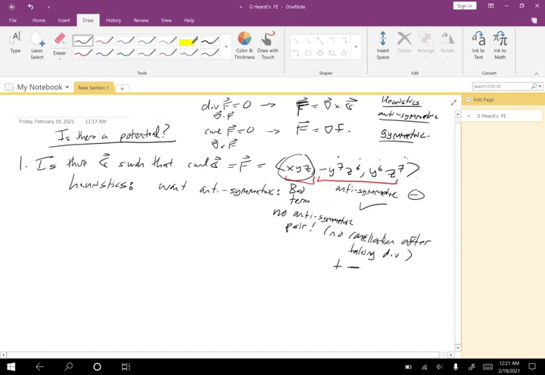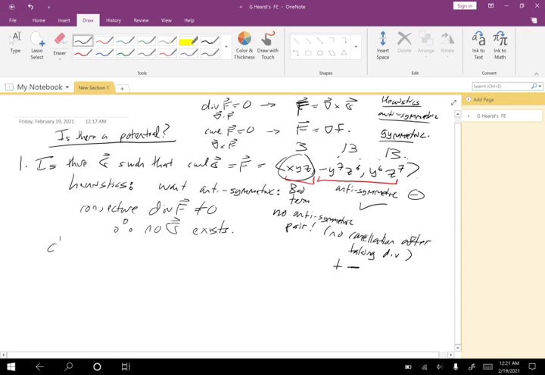This x, y, z is alone. Notice this is a degree 3 polynomial, and this is a degree 13 polynomial. So certainly these things will not cancel out. So we have no hope. We conjecture that the divergence of f is not 0, so no G exists.